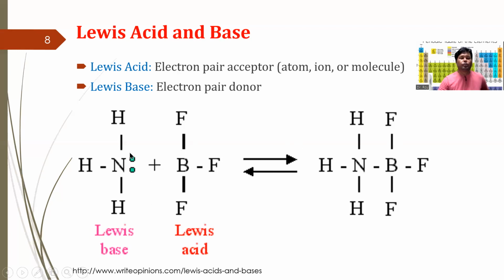But let us just consider this one a base and this one an acid, so we have a neutralization reaction, this acid neutralizing this base. Therefore we define acid and base this way: an electron pair acceptor is a Lewis acid, and one who can donate a pair of electrons is a Lewis base.